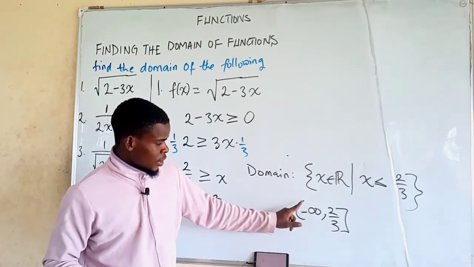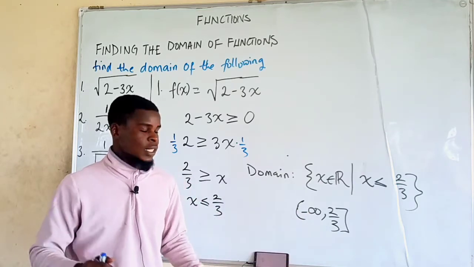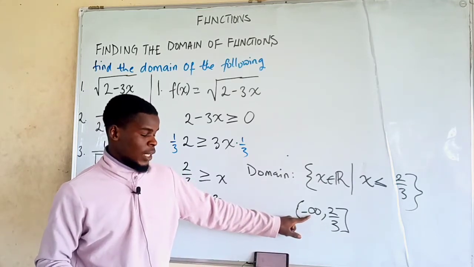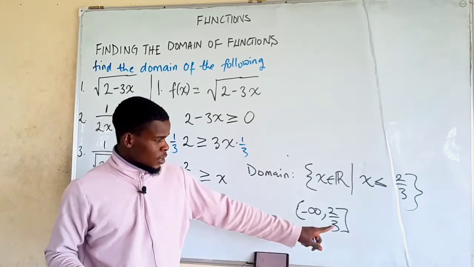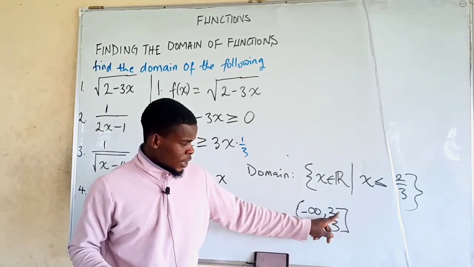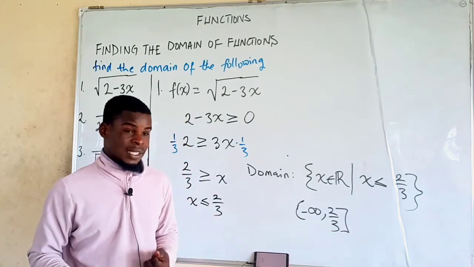An open bracket, this parenthesis, means that the number next to it is not included, while the closed bracket shows that the number next to it is included.